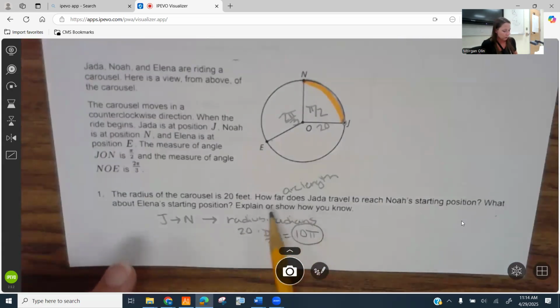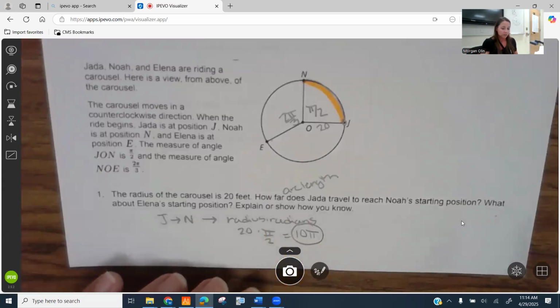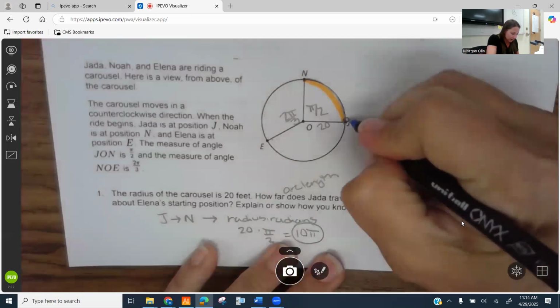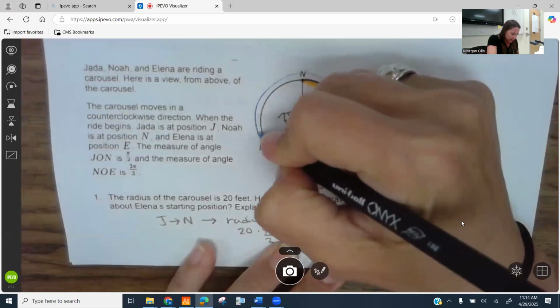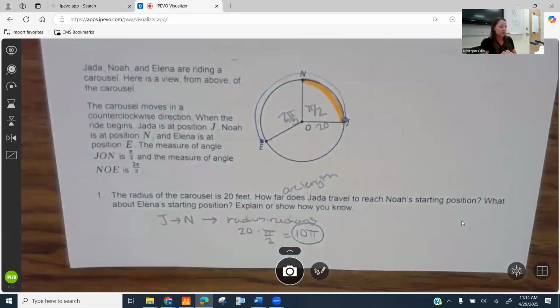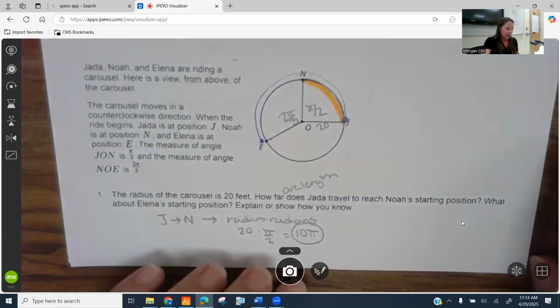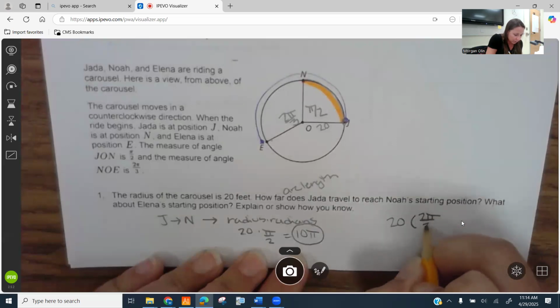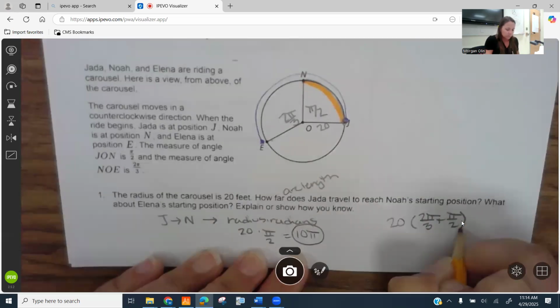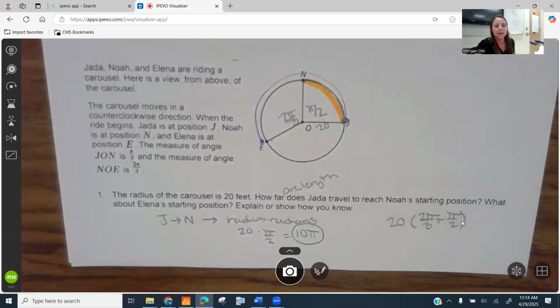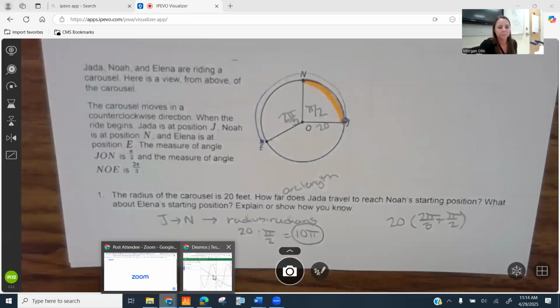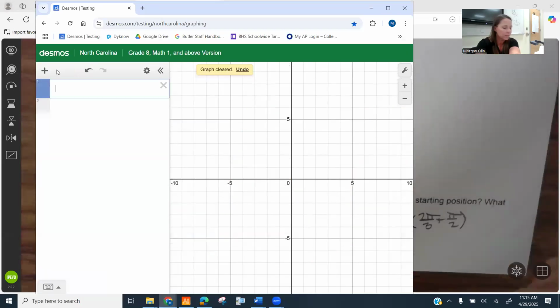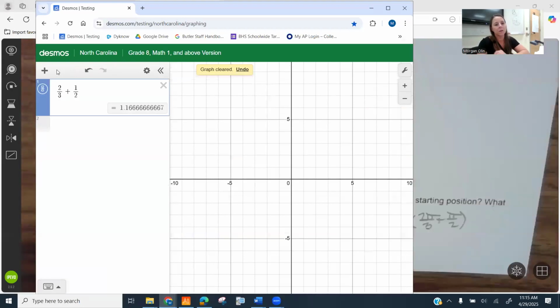All right, so this time, what about Elena's starting position? We're starting at Jada and we're going to Elena right here. Now we're going to add both of these together, so that's going to be our radians. Our radius is still 20, but I've got to do 2 pi over 3 plus pi over 2. Think about that like when you're taking your calculator and adding 2/3 plus 1/2, I'm just not putting the pi's in.